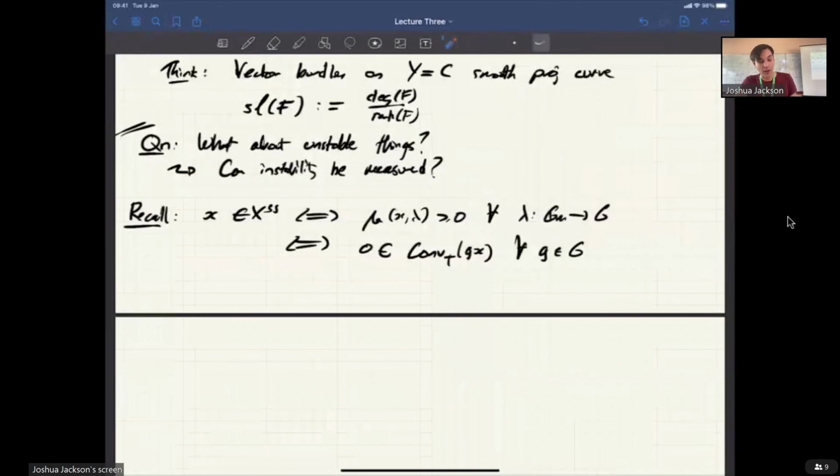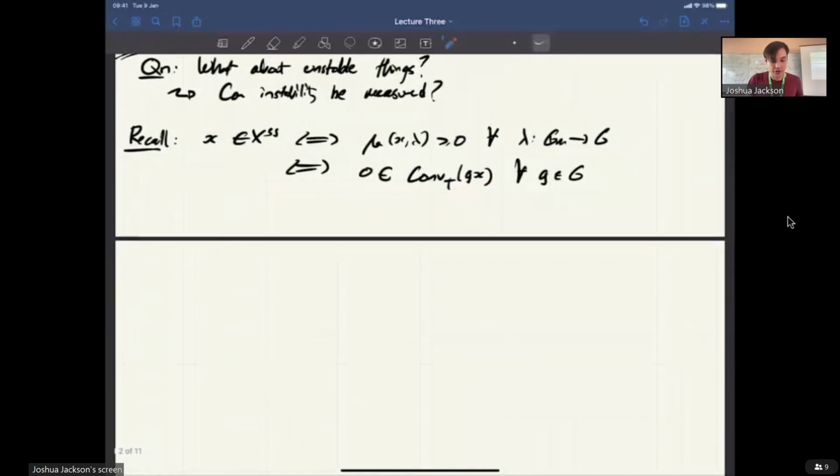And one way to say whether something is semi-stable or not is to ask, is the origin in this convex hull? So a very reasonable way to measure instability would be to say, if you're unstable, you're not semi-stable, so the origin is not inside this convex polytope. So you could just ask, how far away is the origin from this convex polytope? What is the closest point on this convex polytope to the origin? And that is essentially the idea of this whole picture.